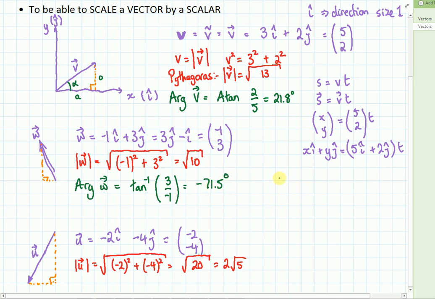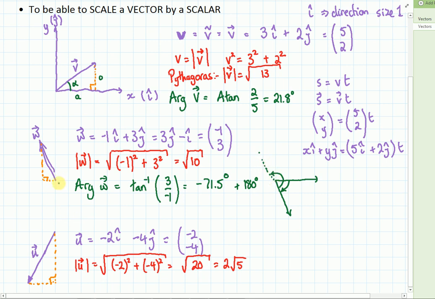Now, if you actually think about what that's saying, that's pointing down this way. It's exactly the opposite direction. And that's why you have to be careful. When the x component is negative, you often get the wrong angle being given. So to correct for it, we need to add 180 degrees to bring it all the way back round to the right direction.